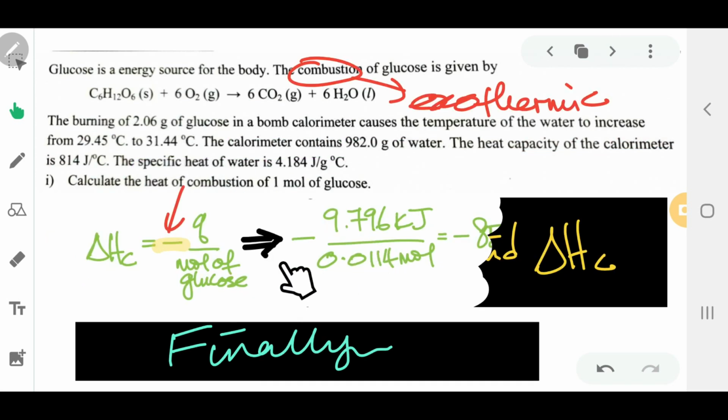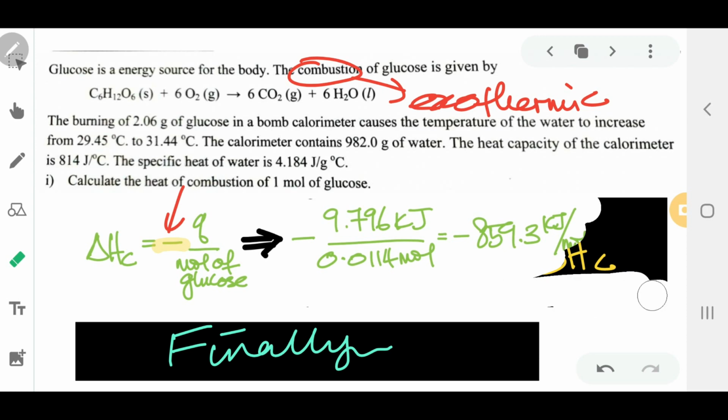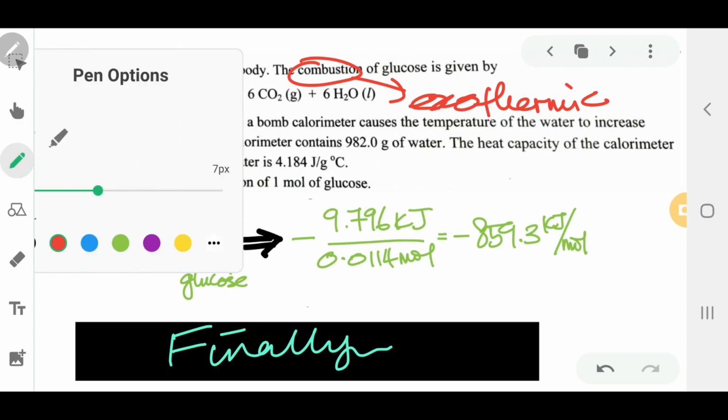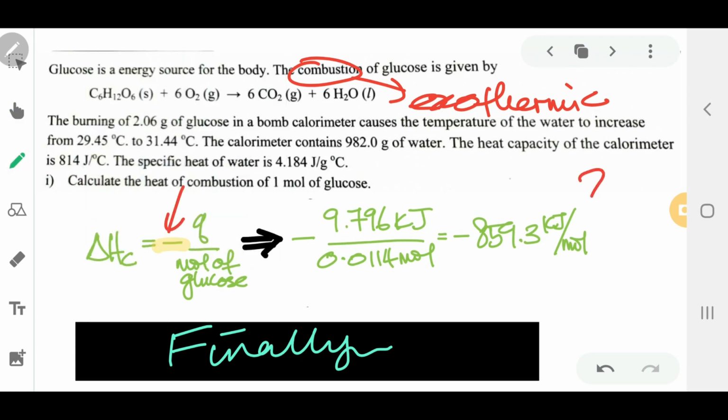You put that into this equation and you will get negative 859.3 kilojoules per mole. Okay, so this is the heat of combustion for 1 mole of glucose. So by doing this whole thing, you have 1 mark.